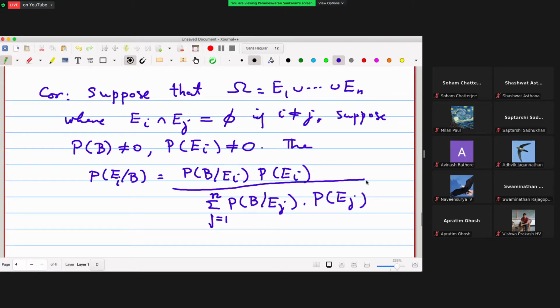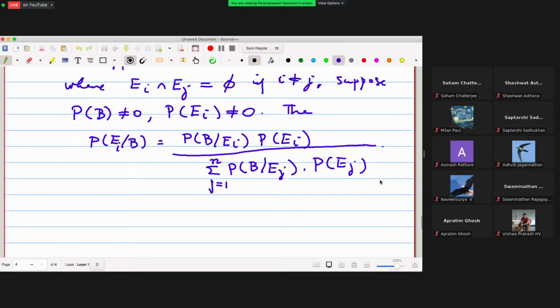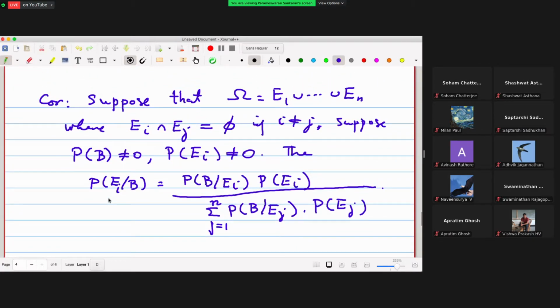Okay. So this also is called Bayes' theorem. This is the second simple corollary of that, just repeatedly using, decomposing this.